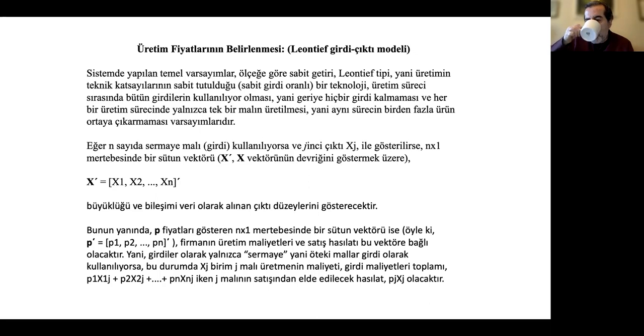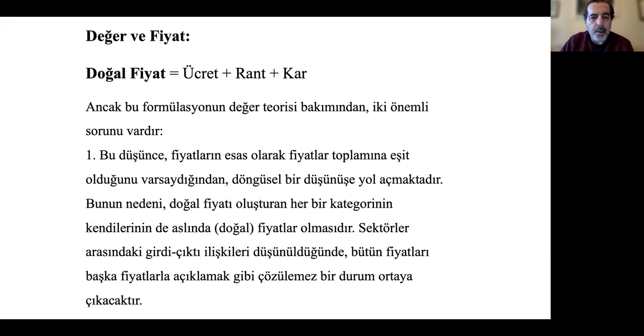Okay, if you return to this natural price equation, an invariant measure of value means that it is invariant to changes in the distributive categories. From this, you can see that any change in the wage rate will change the natural price of that commodity and other commodities, of course.